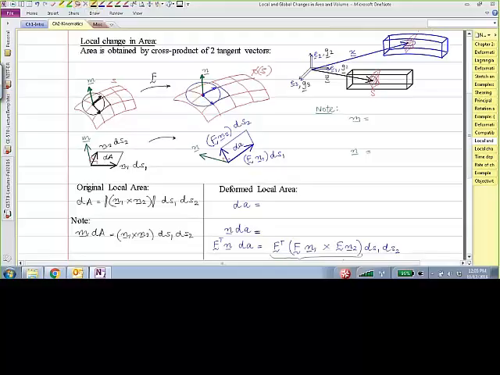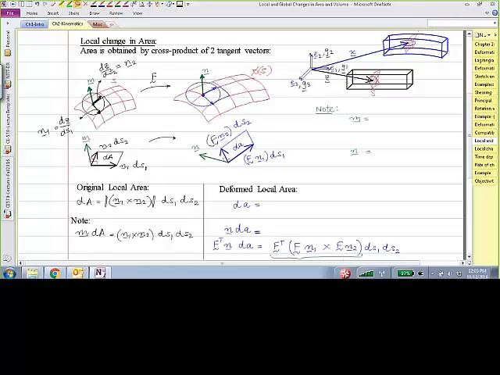That would be, for example, this tangent vector. I'm going to call that vector dz ds1, and the other tangent vector here, I'm going to call that dz ds2, right? And the way I'm defining them, this is n1, this is n2. And if you remember, we said that the local area dA would be n1 cross n2, ds1, ds2.